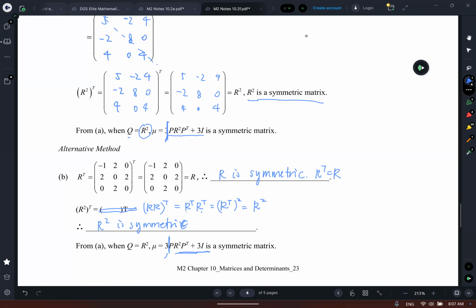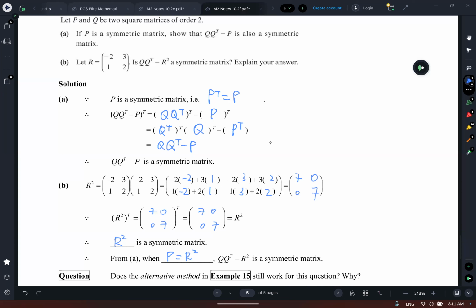Okay, I see that most of you have finished. This is the answer. Part A is pure algebra. I hope you enjoy this as much as you enjoyed algebra in S2, because you've practiced the arithmetic for 5 or 6 years in primary school.